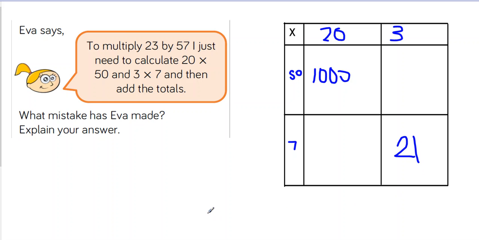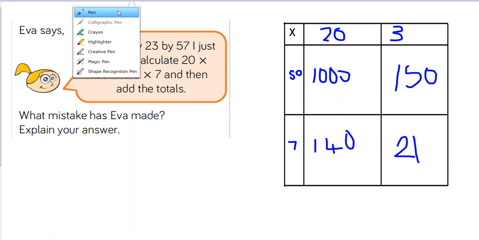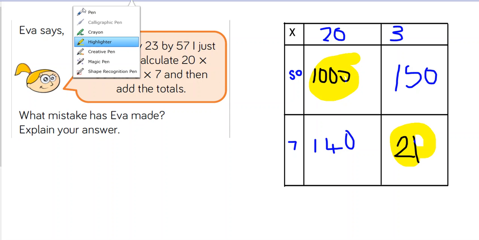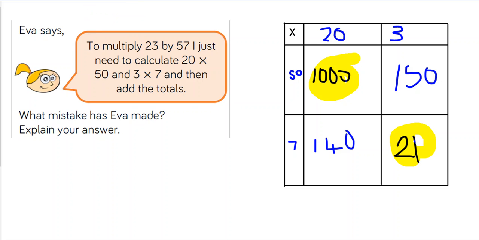So we can see straight away the mistake that Ava has made, because we need to multiply the 50 also by the 3, and we need to multiply the 20 also by the 7. So in Ava's calculation, she'd only done this box and this box. She hadn't done the full calculation. So well done, children, if you spotted that.